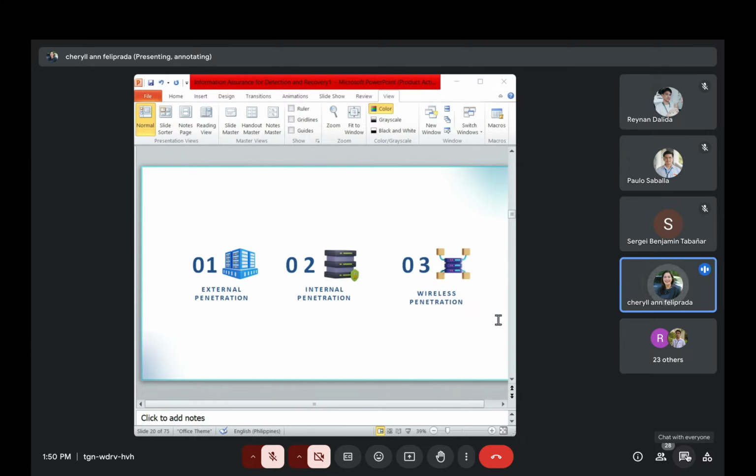The wireless application test helps organizations understand the overall infrastructure through the eyes of the attacker. Wireless application testing evaluates how vulnerable a network is to wireless attackers.